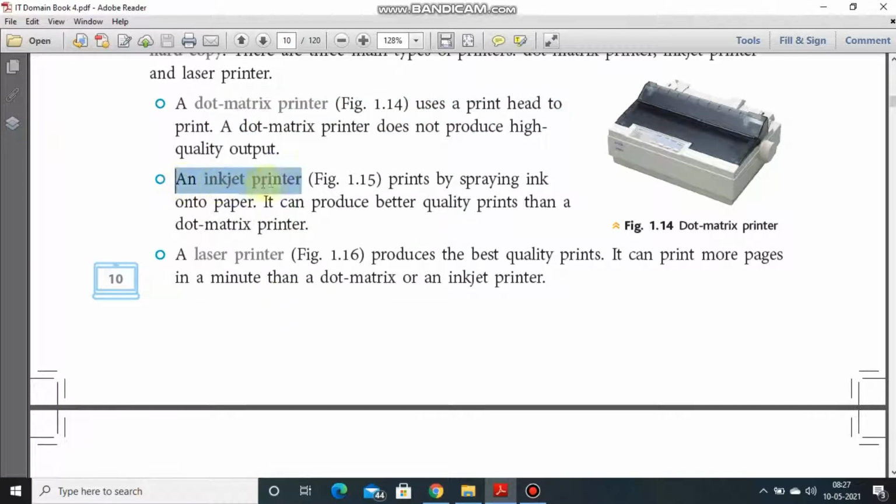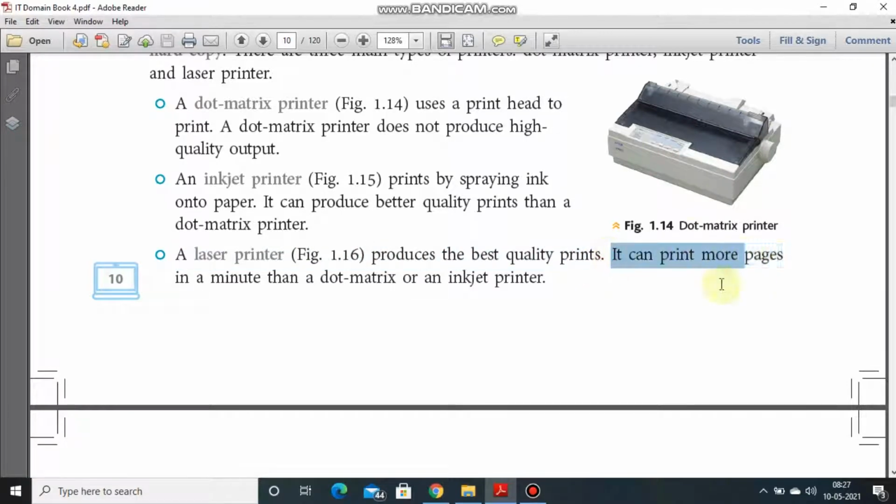An inkjet printer prints by spraying ink onto paper, as I have given you the example of a pichkari. It can produce better quality prints than a dot matrix printer. A laser printer produces the best quality prints.